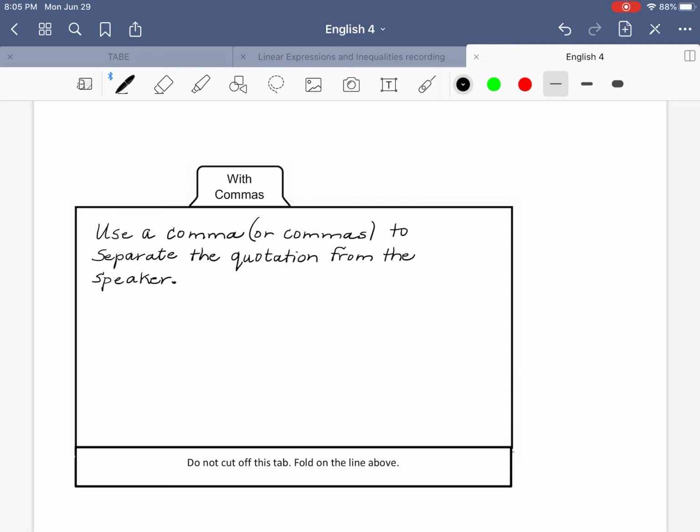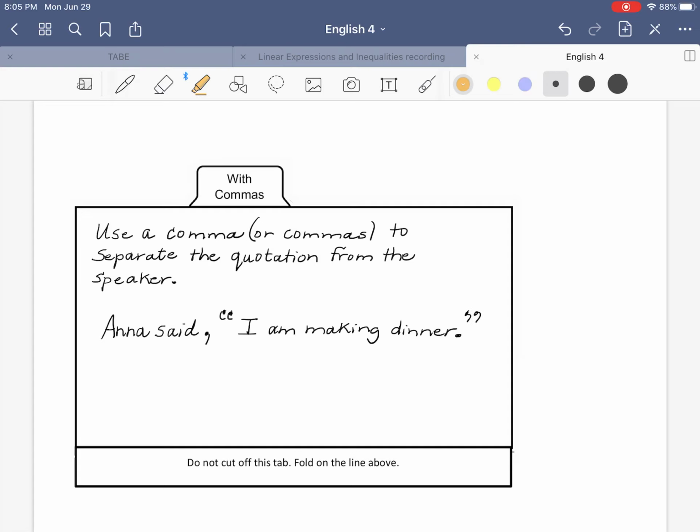So for example, Anna said, comma, open the quote, I am making dinner. Full stop, close quotes.